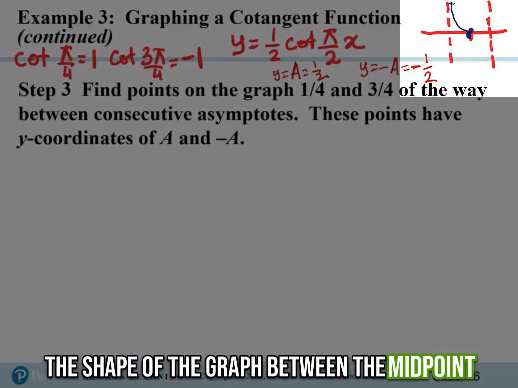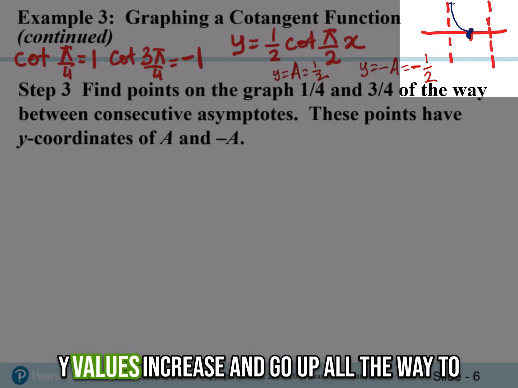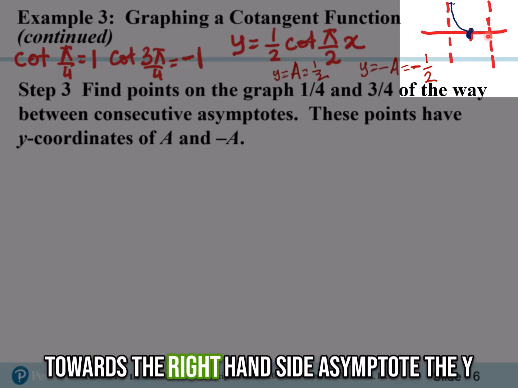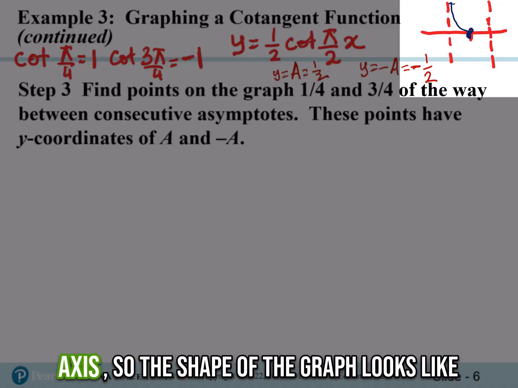Between the midpoint and the vertical asymptote to the left, the y values increase and go up all the way to infinity. As we move from the midpoint towards the right-hand side asymptote, the y values fall. They drop. They are below the x-axis, so the shape of the graph looks like this.